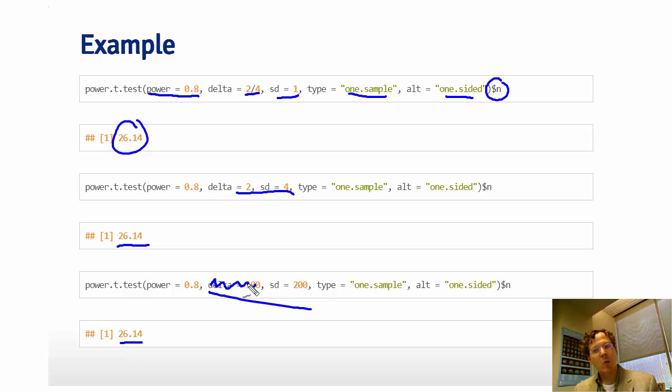And so when in doubt, try to make your power calculations as simple as possible. So try to revert the question that you're asking down to a t-test or a binomial test or something like that in order to calculate power as simply as possible. And that will give you maybe a slightly conservative either power or sample size estimate, but on the other hand, you'll be able to understand it quite well.